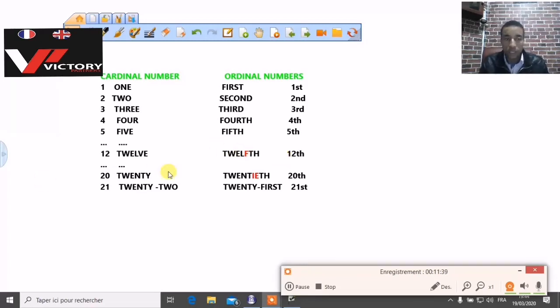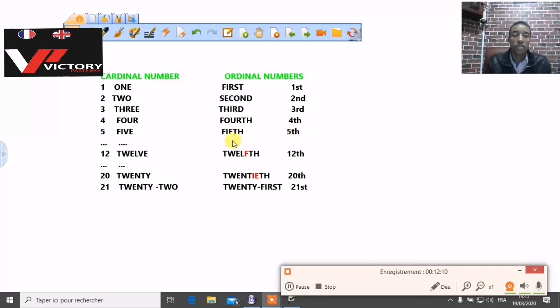Remember that here we have a change. So V turns to F, right? In 12, and in 20 we have 20th. And there is another remark right here. I'm talking about the ordinal numbers, we just add th, right?